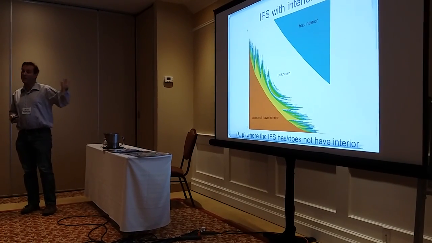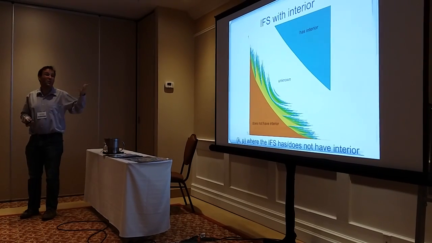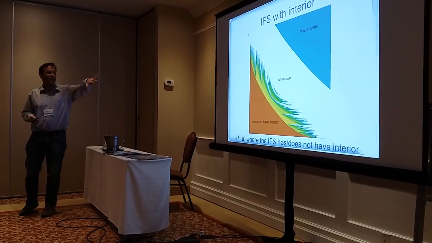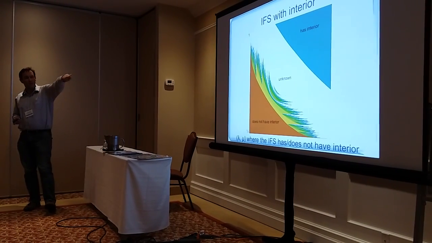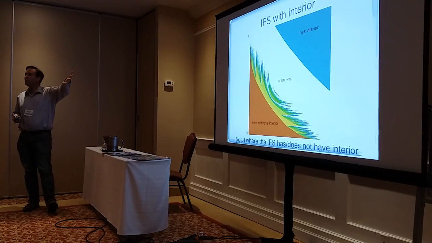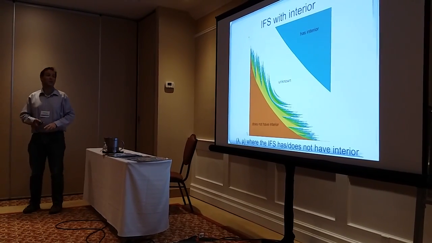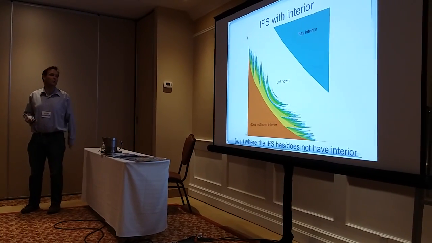We didn't actually prove this, but this set is probably going to be disconnected, with regions where we don't have interior that are disjoint from the main body. But the interesting thing is all the white in the middle, we still don't know. They might have interior, they might not. That's a huge section of this parameter space we know nothing about.